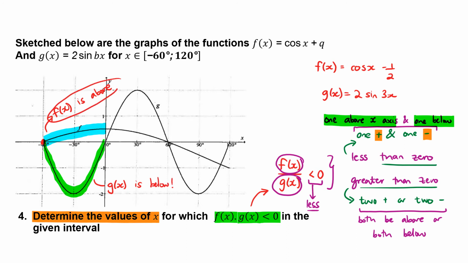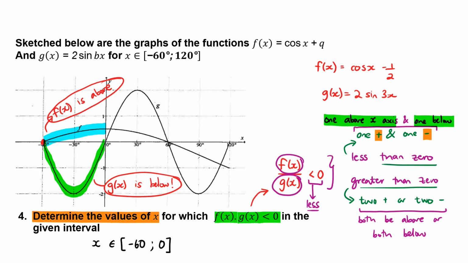So 1 is above, 1 is below. So the first bit of the answer that you can give is x is an element from -60 to 0.